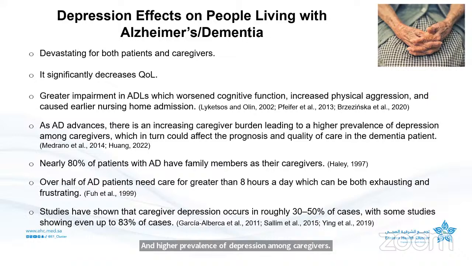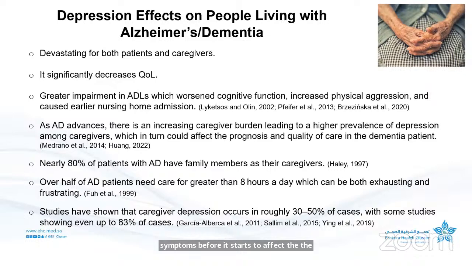So what we can do is look at our prognosis, look at the quality of care for people with dementia, and look at the early signs to predict and see the symptoms before it starts to affect the caregiver.